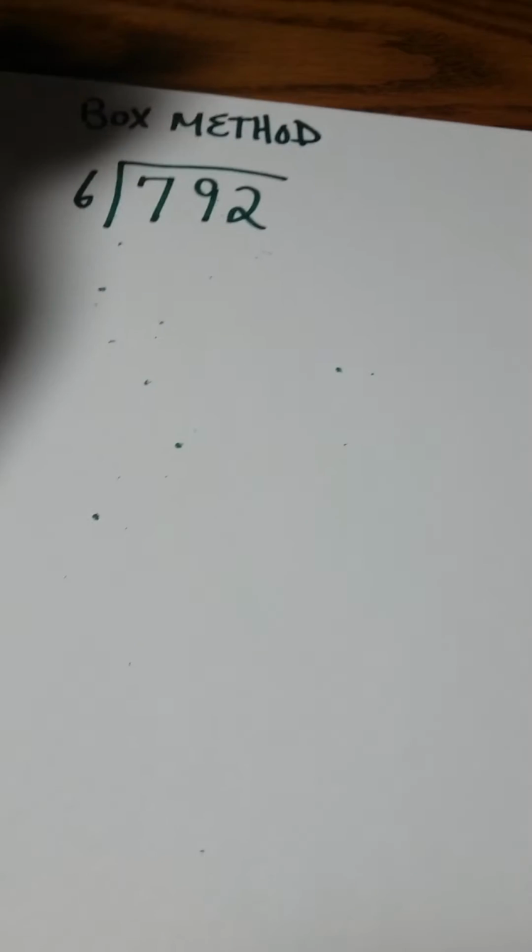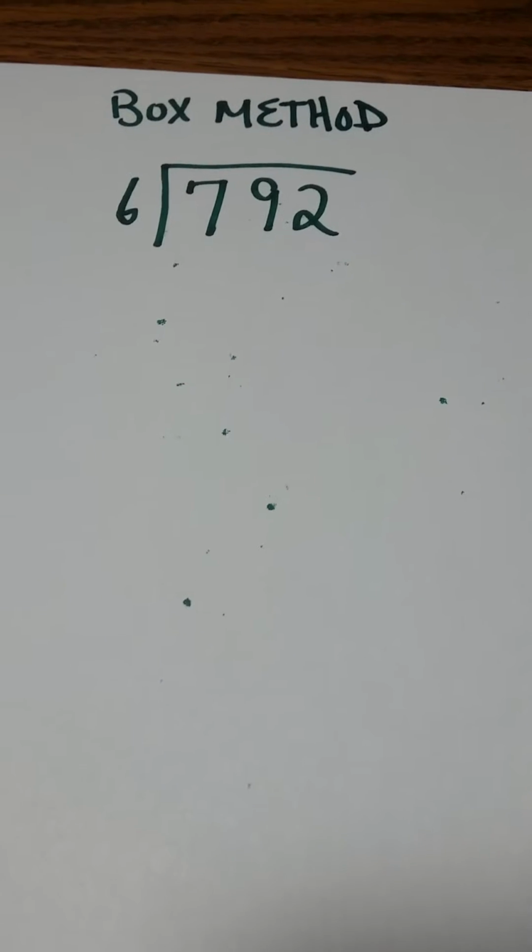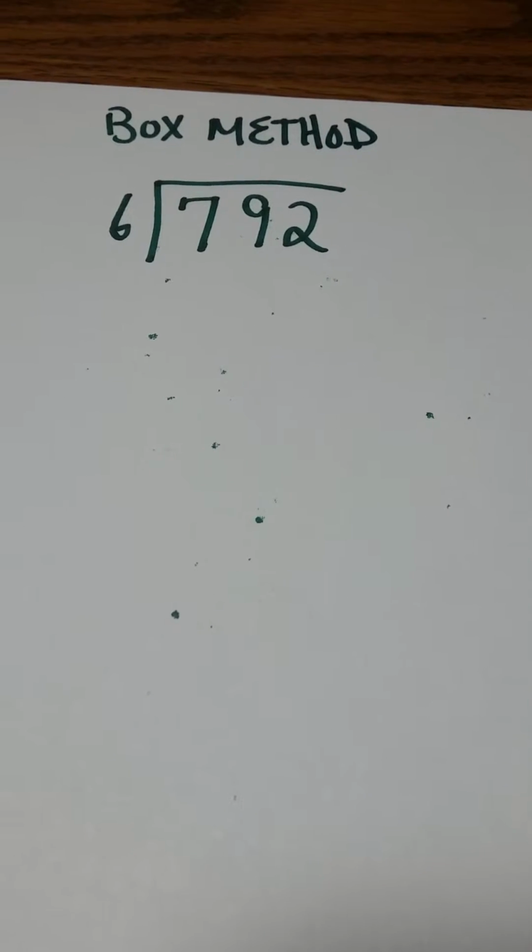Let's take a look at the same problem. Let me set it up for you. 792 divided by 6. And let's use something called the box method. Why is it called the box method?